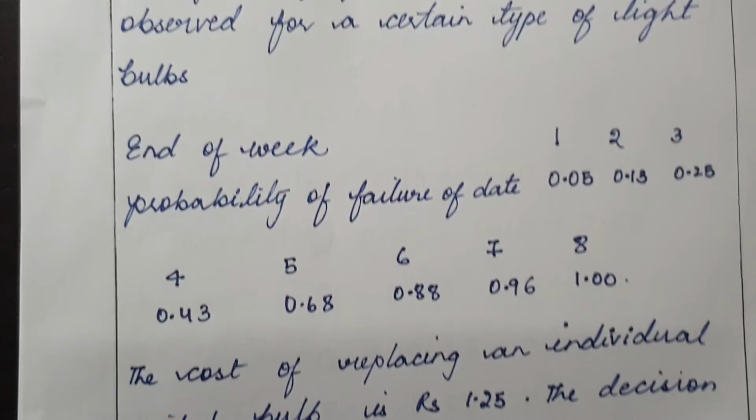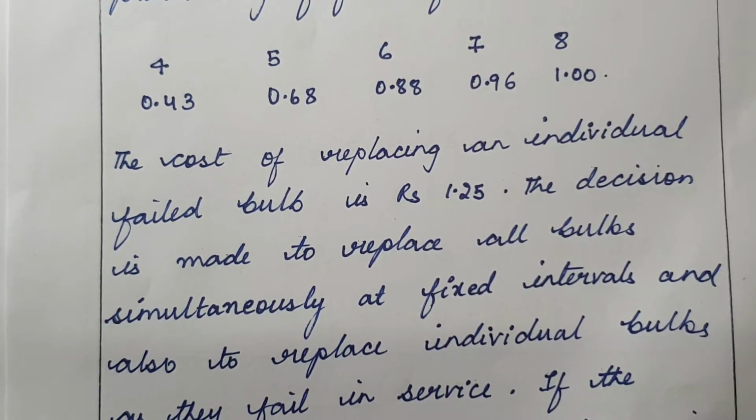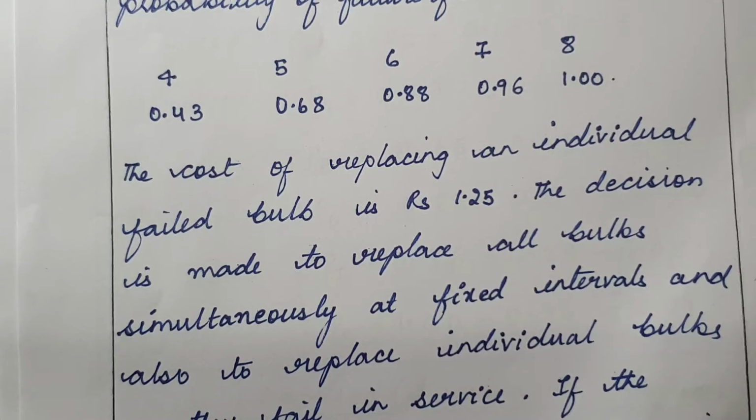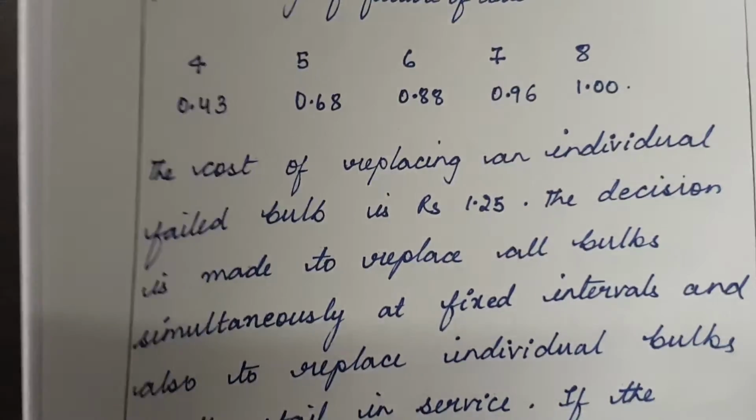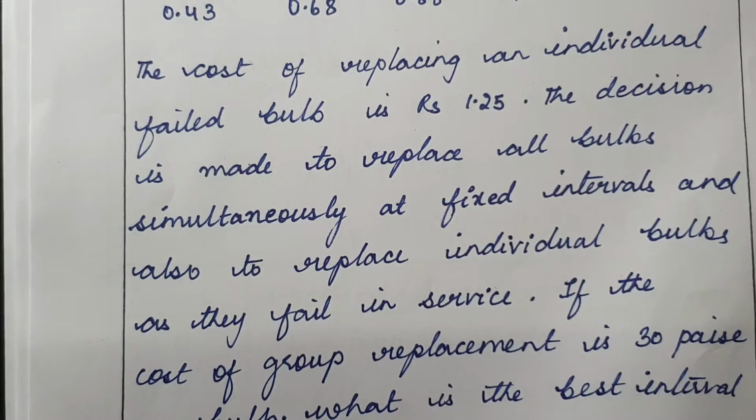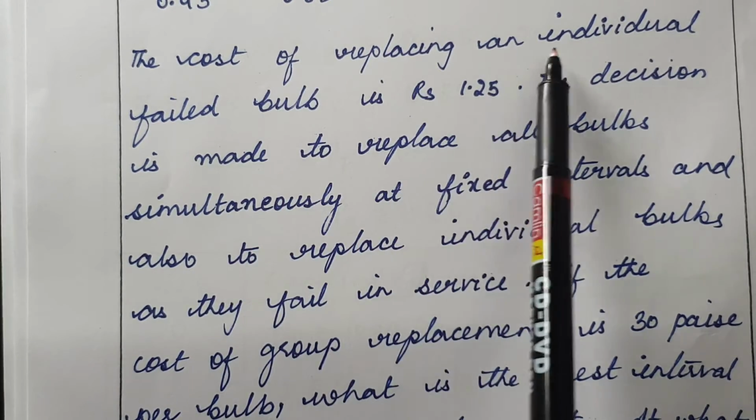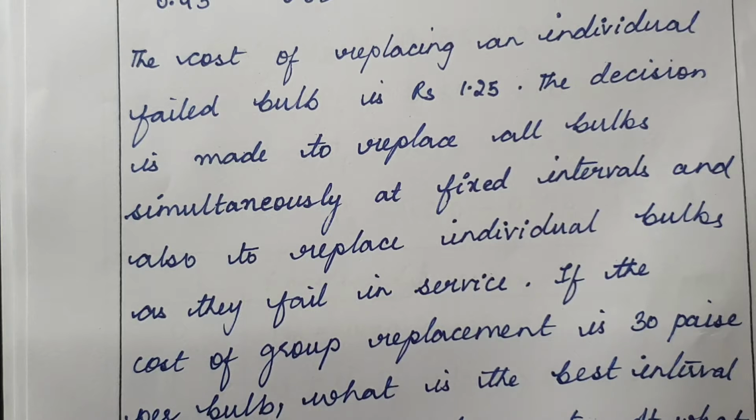After that, as you can see, the cost of the individual failure, the cost of the replacement of an individual failure means, suppose 100 bulbs are there, in 100 bulbs after completion of 3 months only 17 bulbs are not working, remaining all are working. Let's take the example of 17 bulbs that are totally not working.